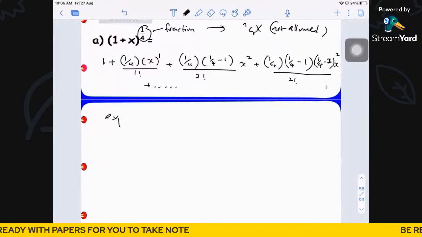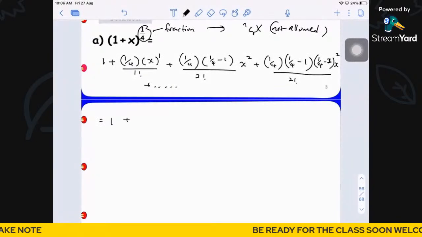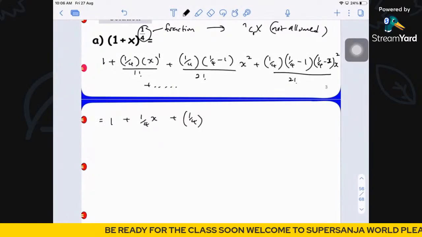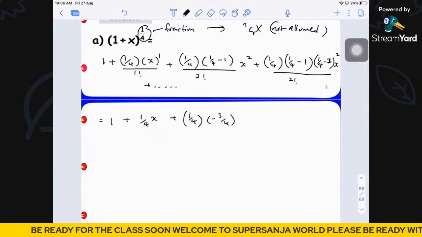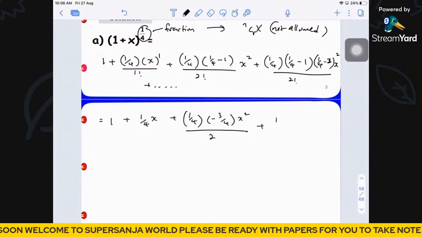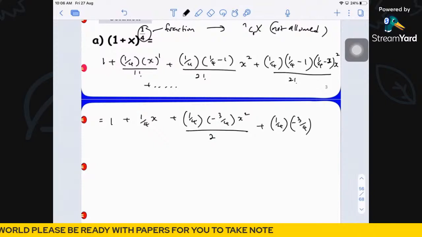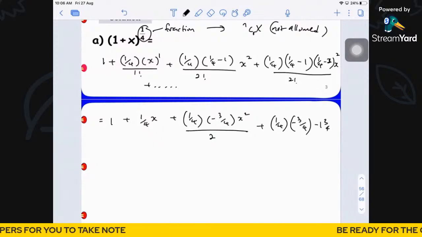Before I write down the expansion is valid, let's expand this first. So I get 1 plus 1 over 4 x plus 1 over 4, 1 over 4 minus 1 will become negative 3 over 4, x square over 2, plus 1 over 4, negative 3 over 4, and then 1 over 4 minus 2 is going to be negative 1 3 over 4.